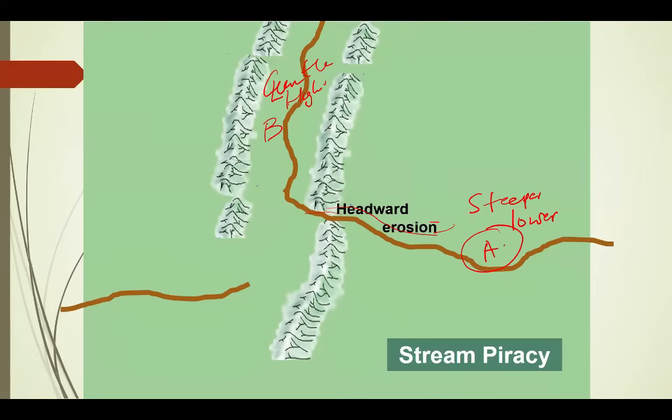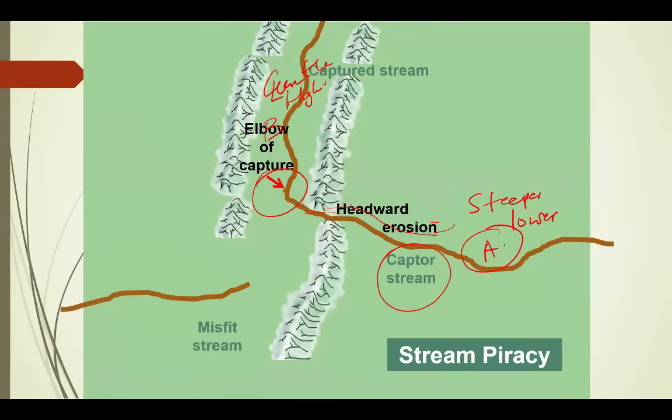And we must be able to label the features of a stream piracy. Number one, this is a point where these streams joined, which we call the elbow of capture. And then this river that has taken water of another stream is called a captor stream. And this stream that has followed the stream that is flowing on a lower lying area is called the captured stream.